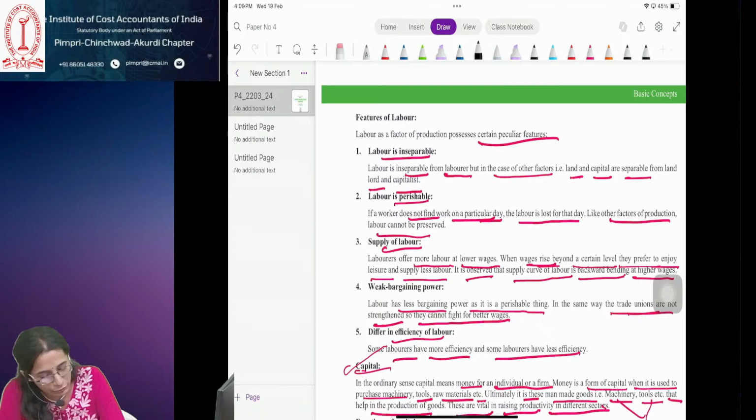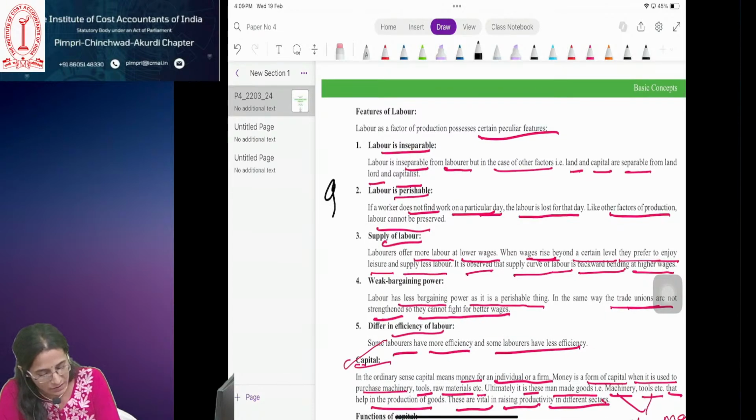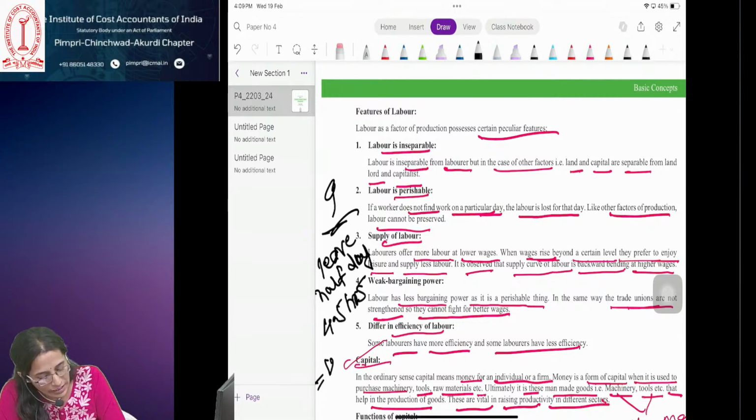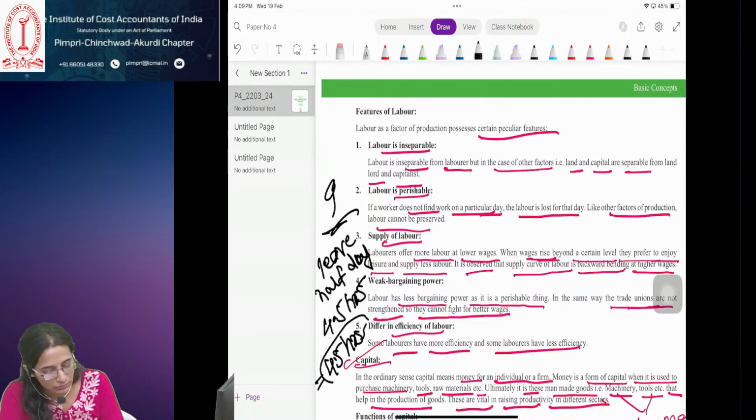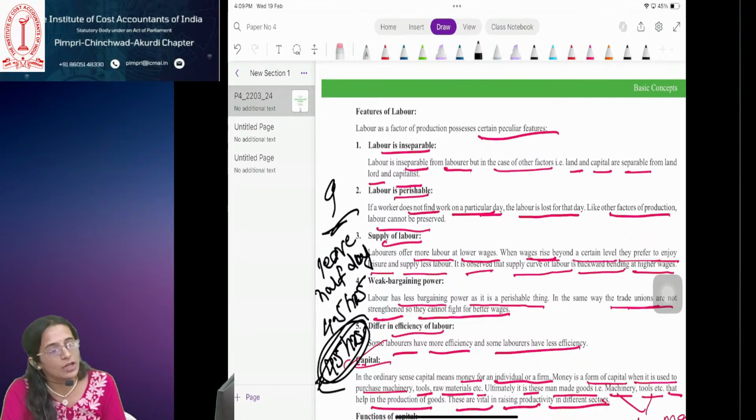If I am working for 9 hours and I take a half day and work only for 4.5 hours, what has happened to the other 4.5 hours? They are perished. That has gone waste. That amount of labor I would employ in the organization is perished. So that is why labor is perishable.